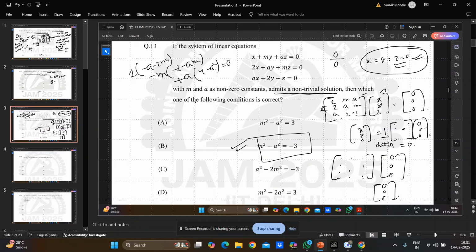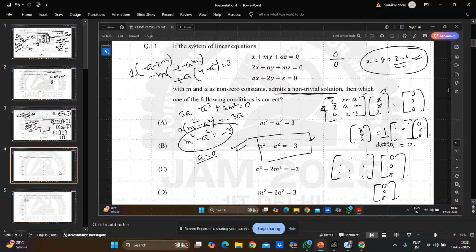So 4a minus a is equal to 3a, minus a cube plus a m square is equal to 0. So a into (m square minus a square) is equal to minus 3a. So m square minus a square is equal to minus 3 is one solution, but a equal to 0 is also a possible solution. Okay, so you are given this, so this will be the correct option.